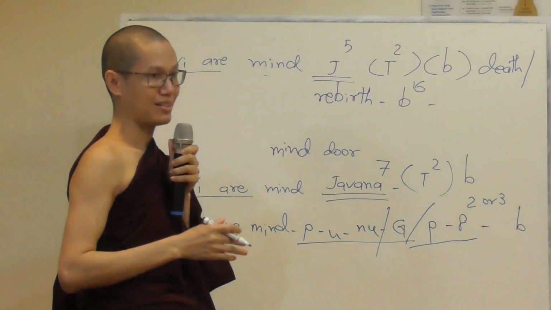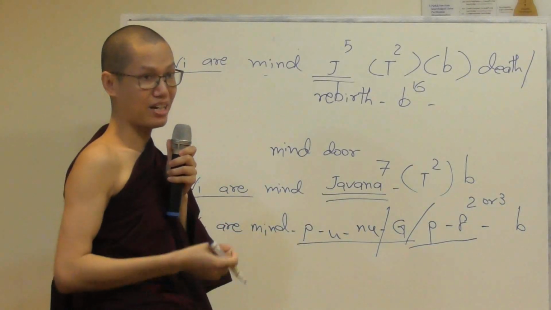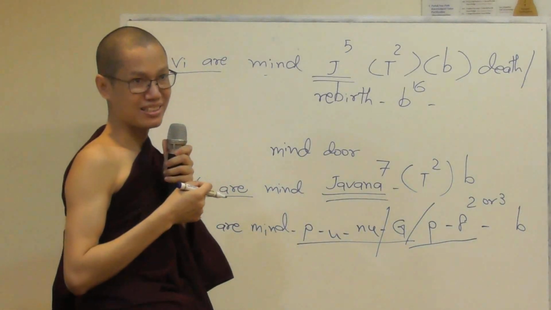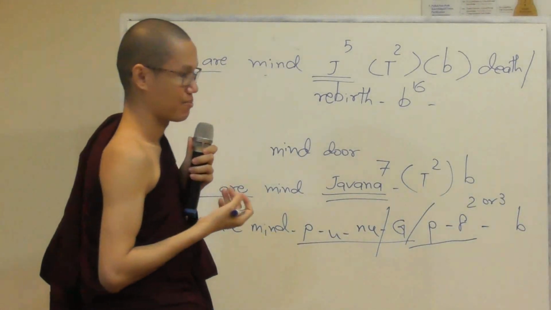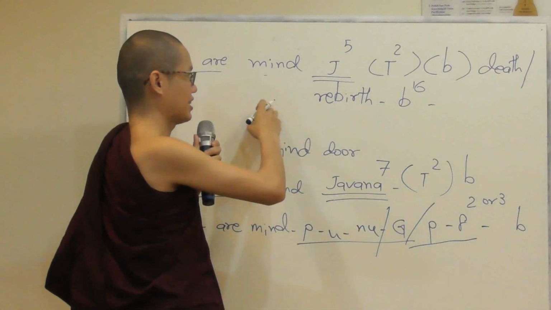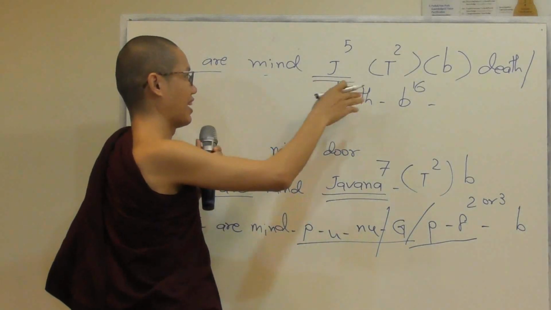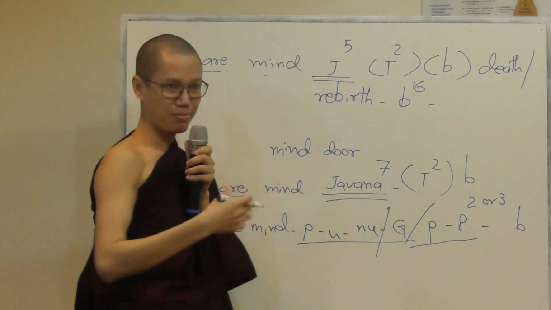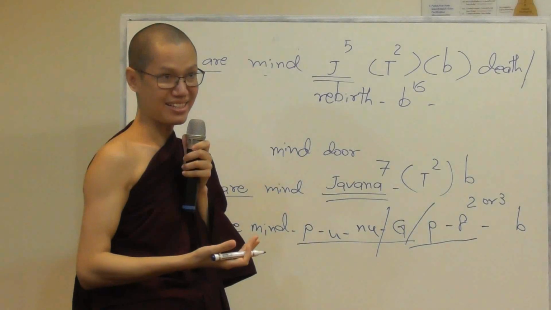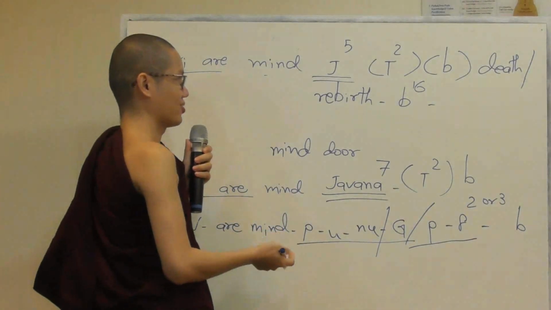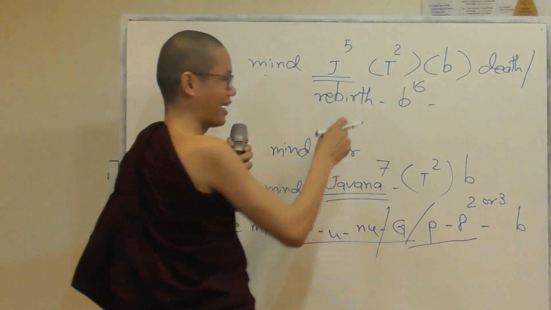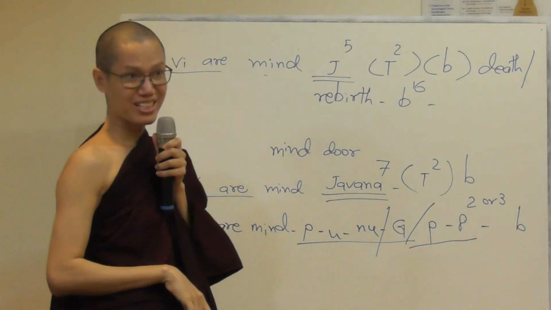Why don't they move? Because they have spent a lot of time with this object. So later it becomes a habit, something like that. So it is near that moment, the process of how we die. So death and rebirth are very close.